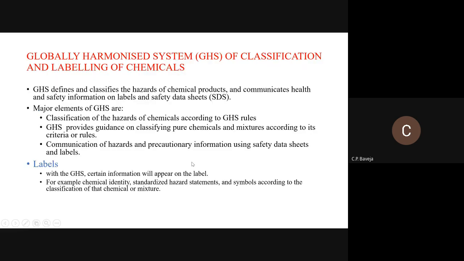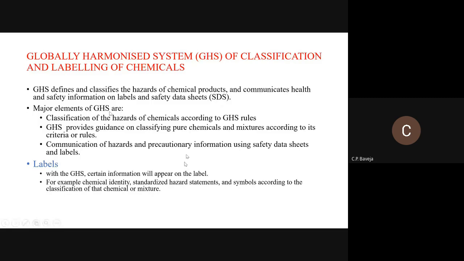Then the Globally Harmonized System of classification and labeling of chemicals: how these chemicals are labeled. GHS, the Globally Harmonized System, defines and classifies the hazards of chemical products and communicates health and safety information on labels and safety data sheets.